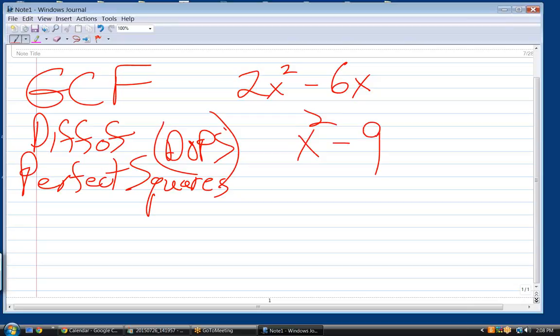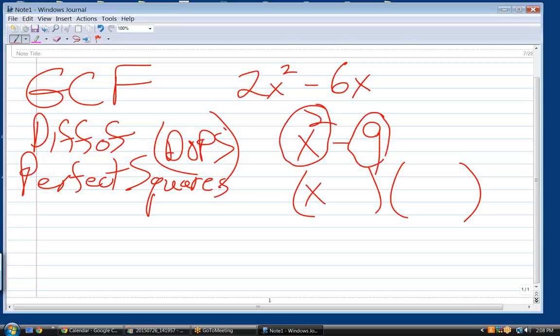How does that factor? x minus 3 and x plus 3. It's always the square root of that minus the square root of that. So it's x minus 3, and then the right side is always the conjugate, x plus 3. Okay? Okay.